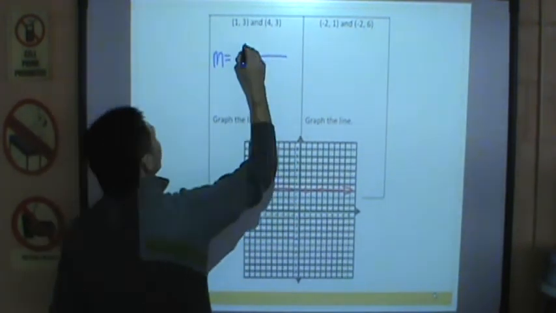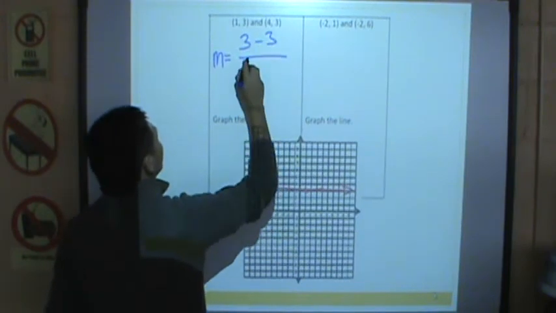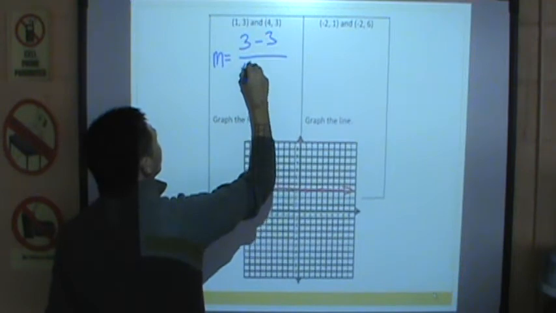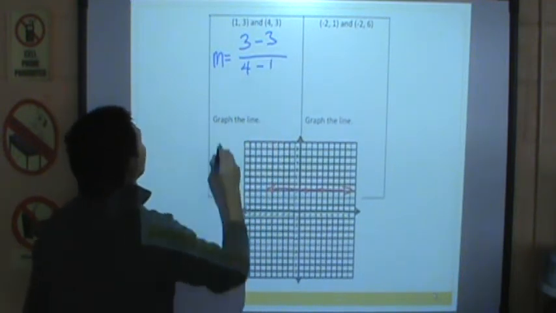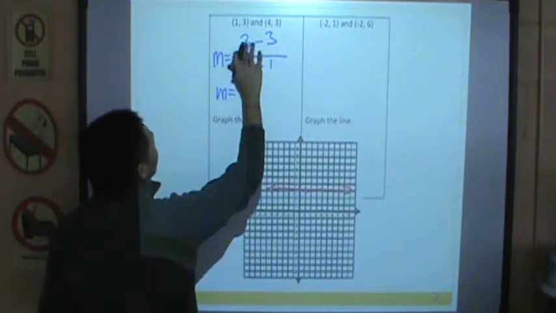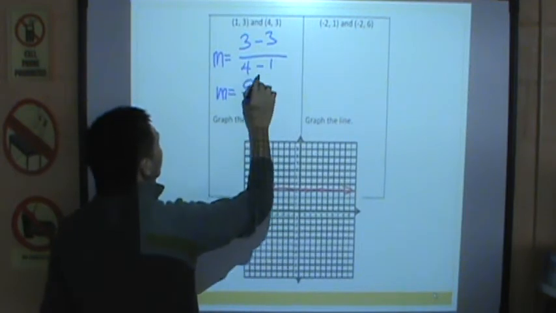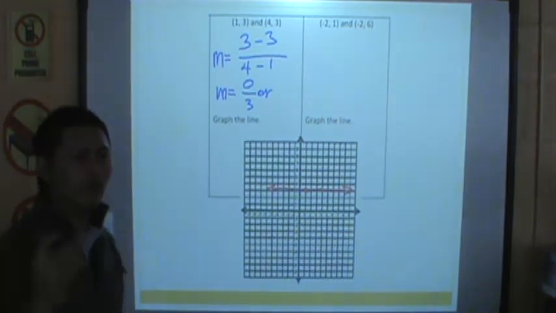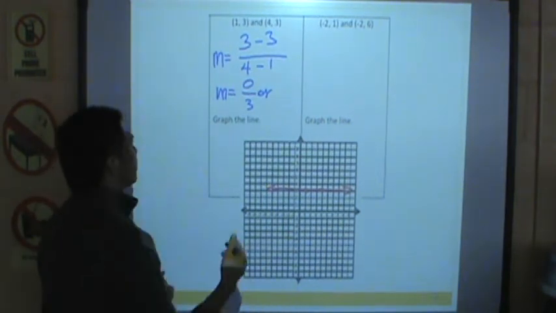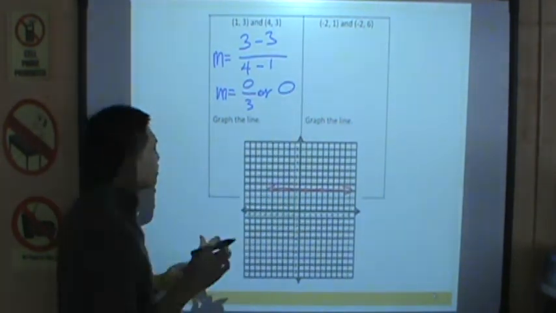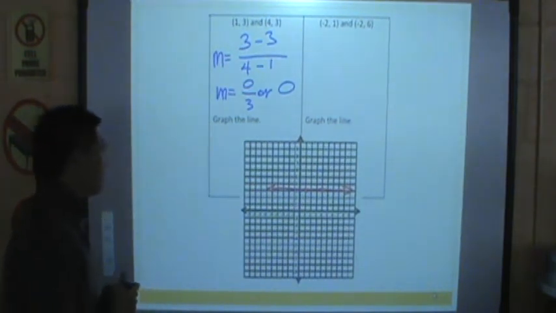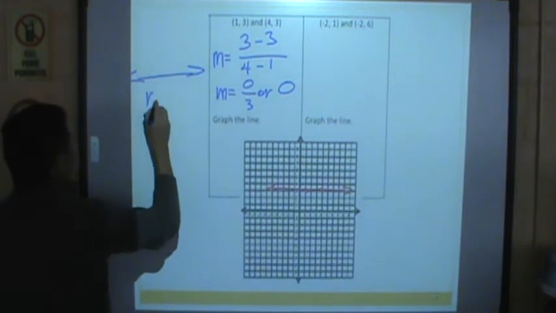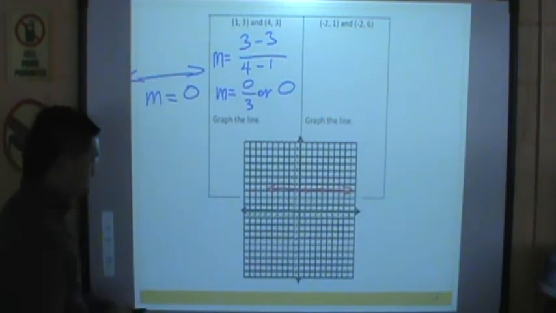Now I have 3 minus 3 and then 4 minus 1. 3 minus 3 is 0 and then 4 minus 1 is 3. 0 divided by 3, or by using calculator, is going to give you 0. So what I can say right now is that if you have a horizontal line, your slope is 0.